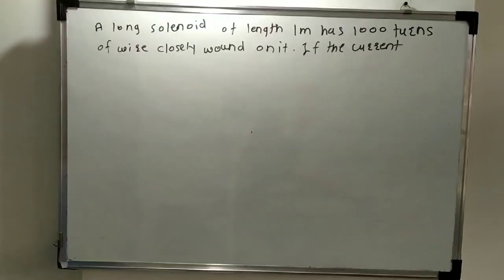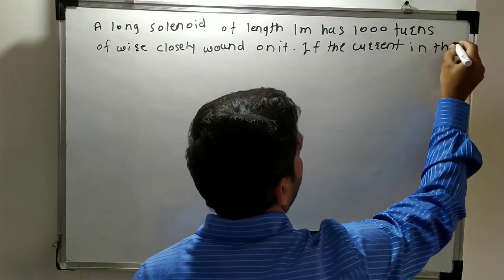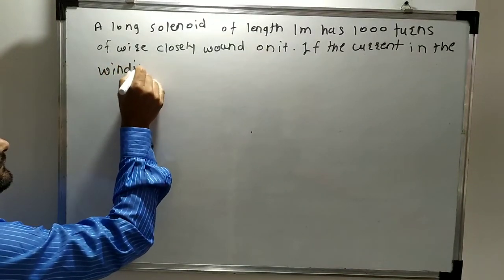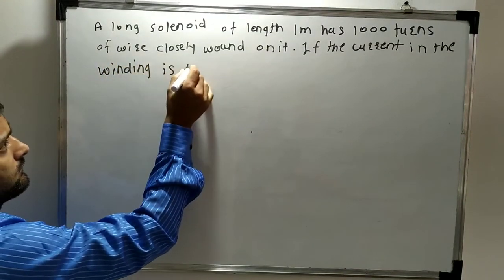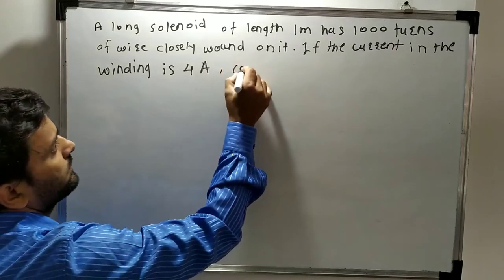If the current in the winding is 4 ampere, calculate the magnetic field at the center of the solenoid.